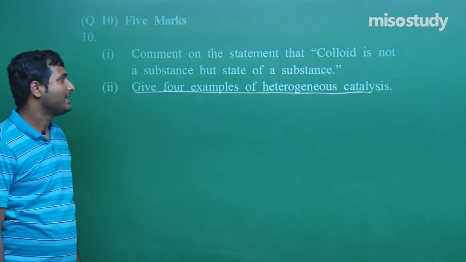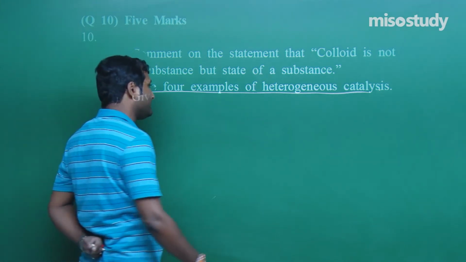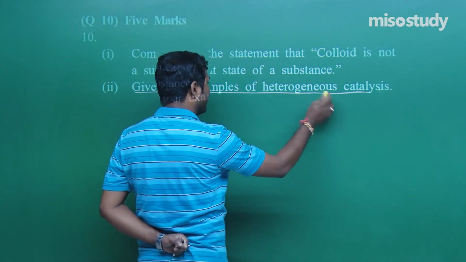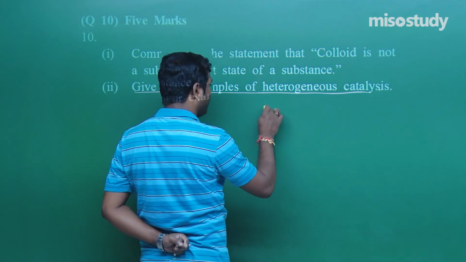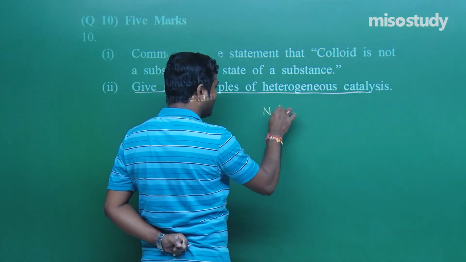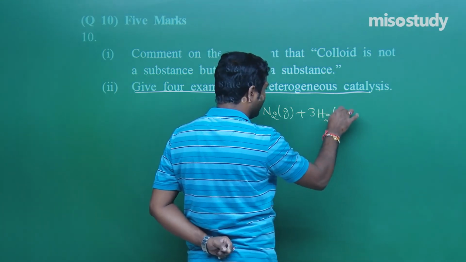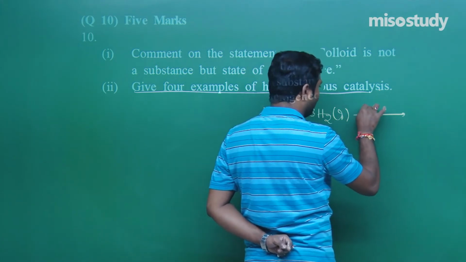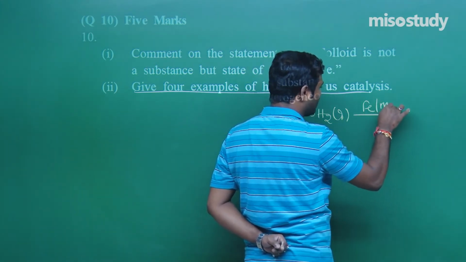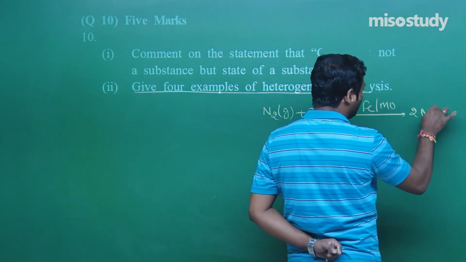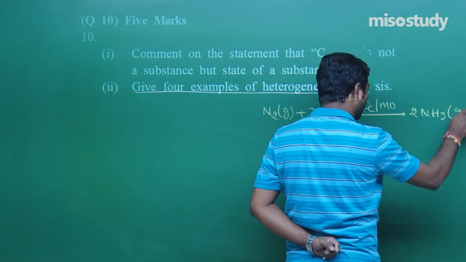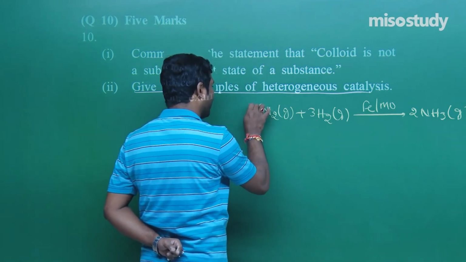Again I am repeating, it is the type of catalysis in which the reactant and the catalyst are of different phase. Suppose I write nitrogen plus hydrogen, in presence of iron, molybdenum as a promoter, it gives you 2NH3. This is an example of heterogeneous catalysis.